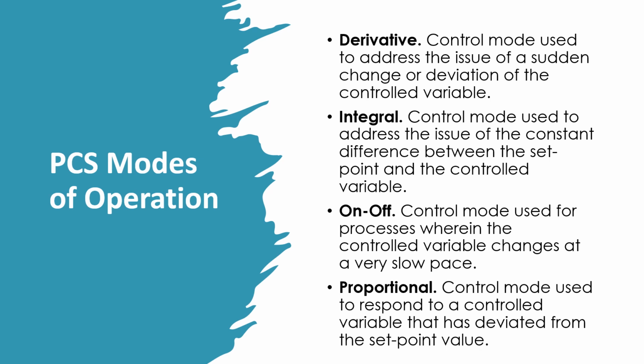The derivative control mode is used to address the issue of a sudden change or deviation of the controlled variable value from the set point value. This rate of change can be regarded as the error rate. The rate of response is proportional to the error rate in the controlled variable value.